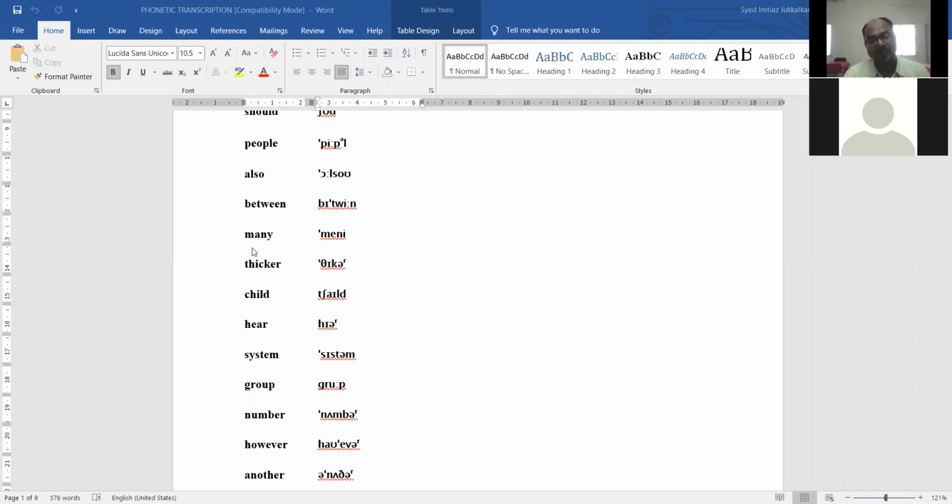Then we take "many," "many." The next word is "thicker." I told you earlier that the ending r is not pronounced, so the correct pronunciation is "thicker."